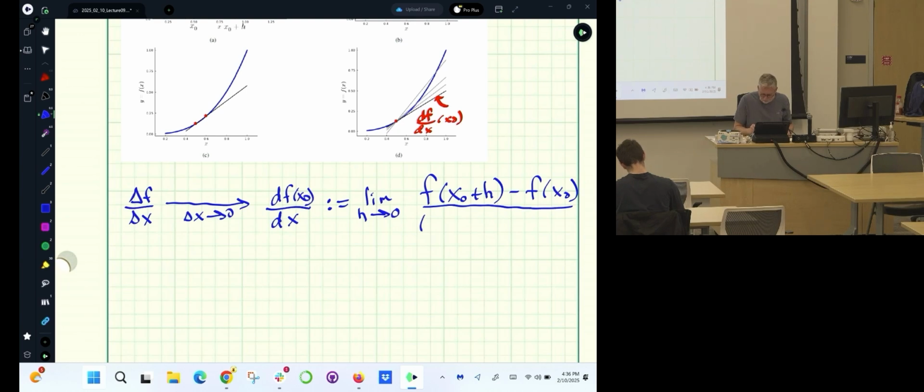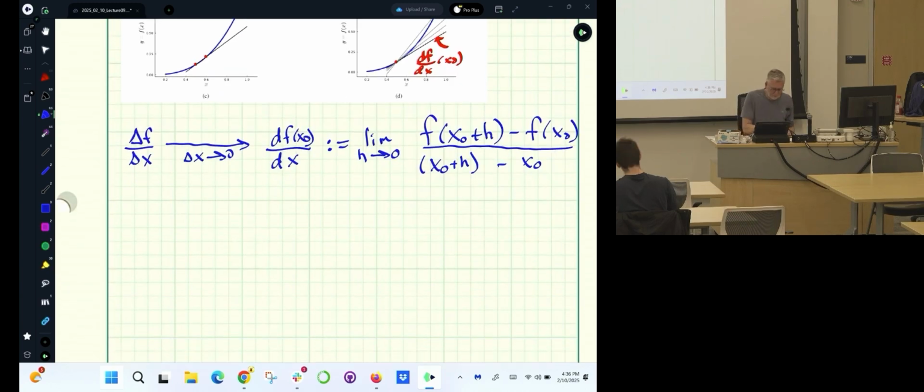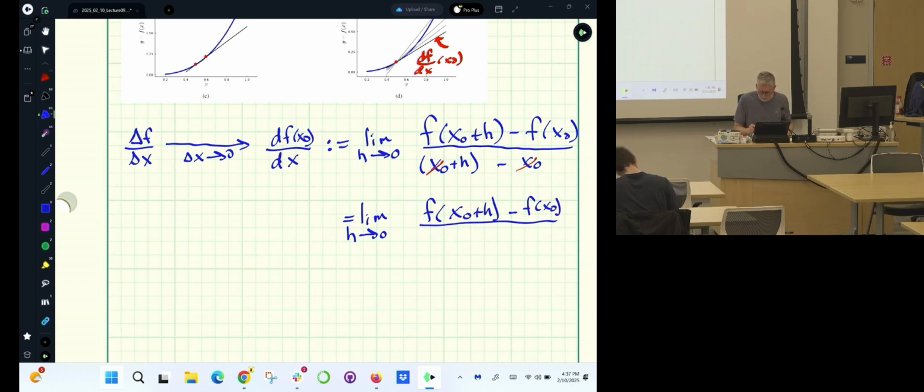Then the run is literally x0 plus h minus x0. Then, of course, these guys cancel. And so we just end up with the limit as h goes to 0 of f of x0 plus h, so increment in the x direction, there's the rise, and then the run is h.